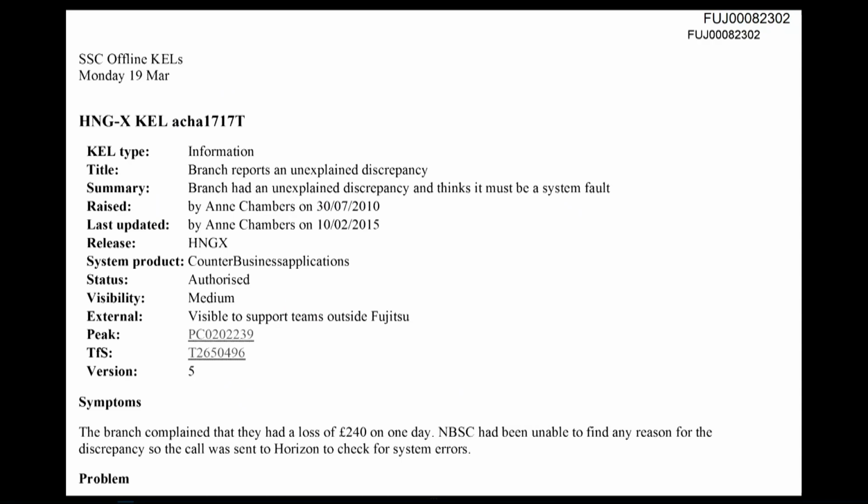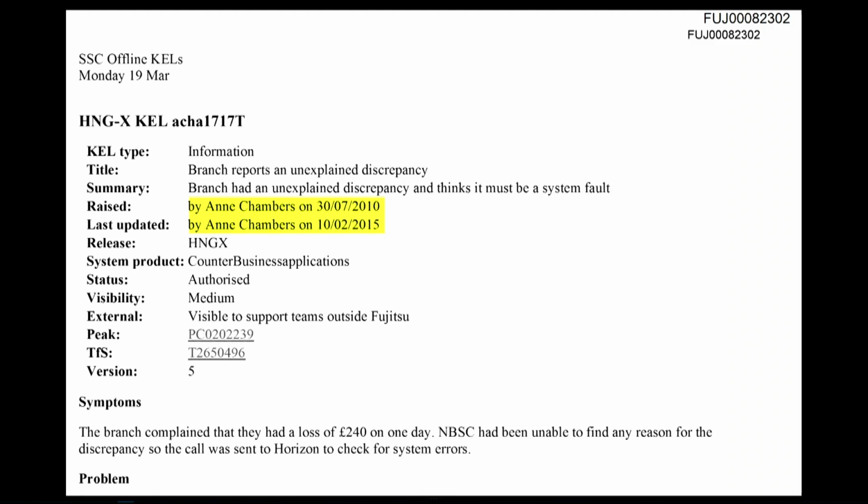Thank you. We can see this is a KEL, which I think is one of yours, Mrs. Chambers? Yes. It's raised by you, we can see in the fourth line, on the 30th of July 2010 and closed or last updated by you on the 10th of February 2015.